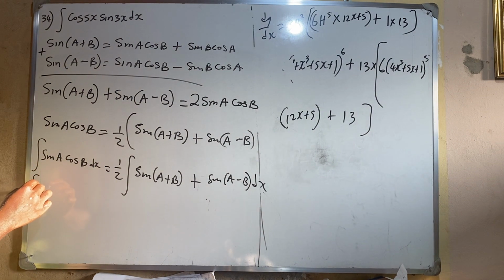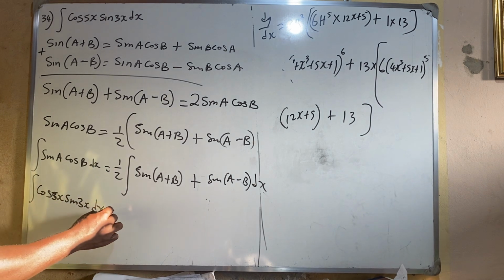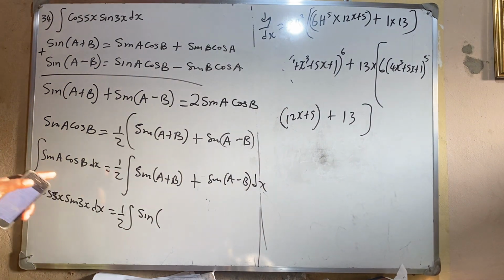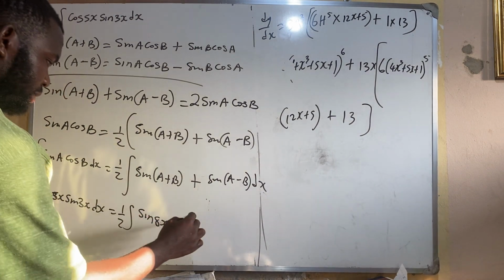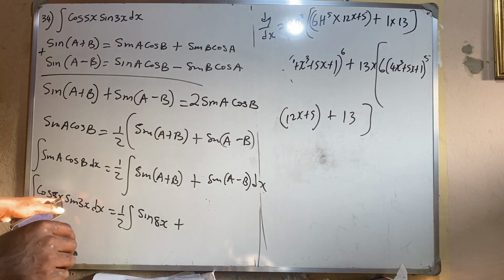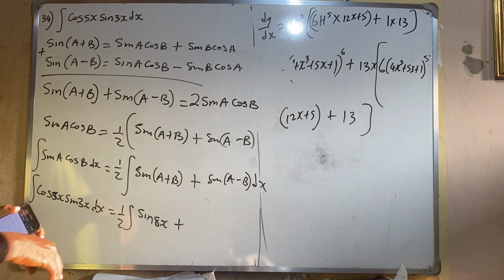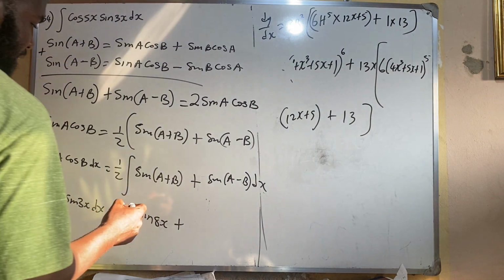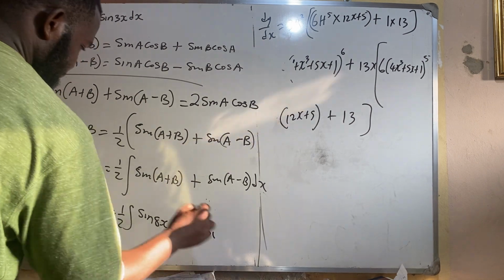So the integral of cos 5x sin 3x dx is equal to 1 over 2 the integral of sin, adding this plus this will give you 8x, plus the integral of sin, subtracting this and this will give you 2x, dx.